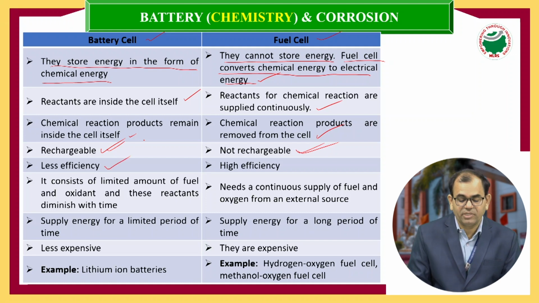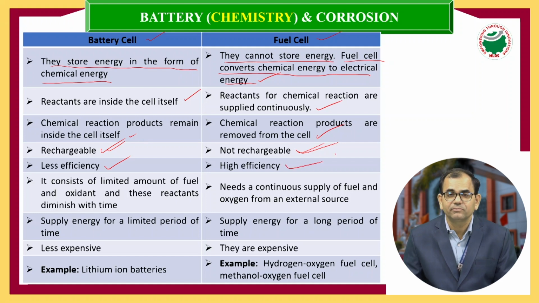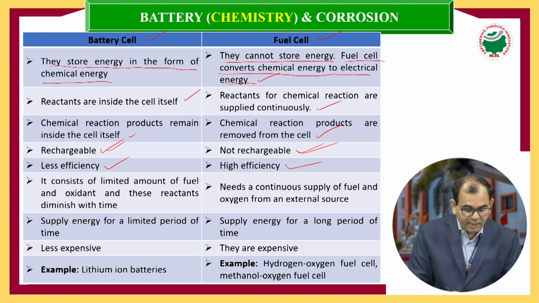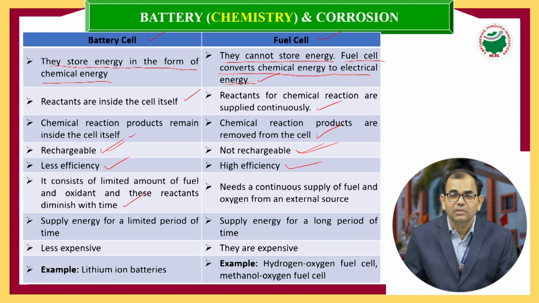Batteries have less efficiency, whereas fuel cells have high efficiency and more energy. A battery consists of a limited amount of fuel and oxidant, and these reactants diminish with time, since consumption is taking place. If it is a rechargeable, reversible reaction, then reactant goes to product and product back to reactant in a cyclic process.